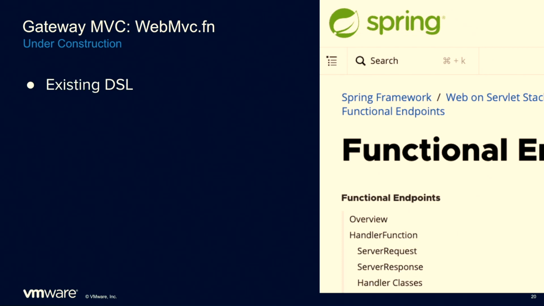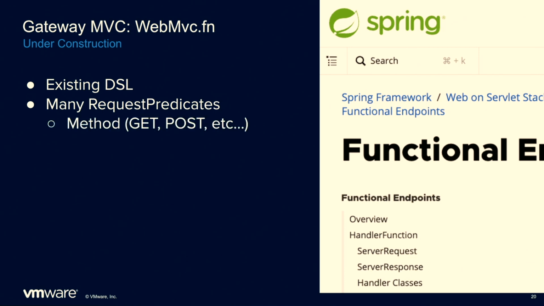So there's an existing DSL that is in Framework. You saw that there's a route method on RouterFunctions that has a bunch of request predicates attached to it. You can start with GET, POST, PATCH, whatever. You could do just path. There's also header that you could match on.